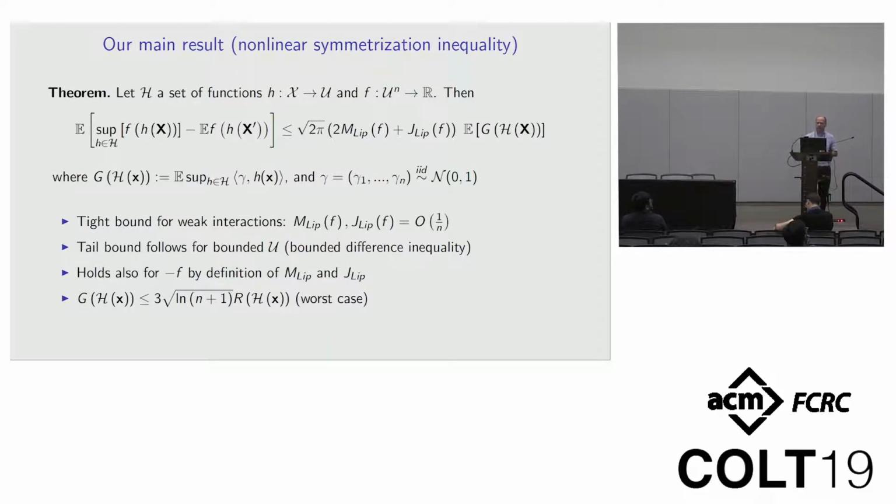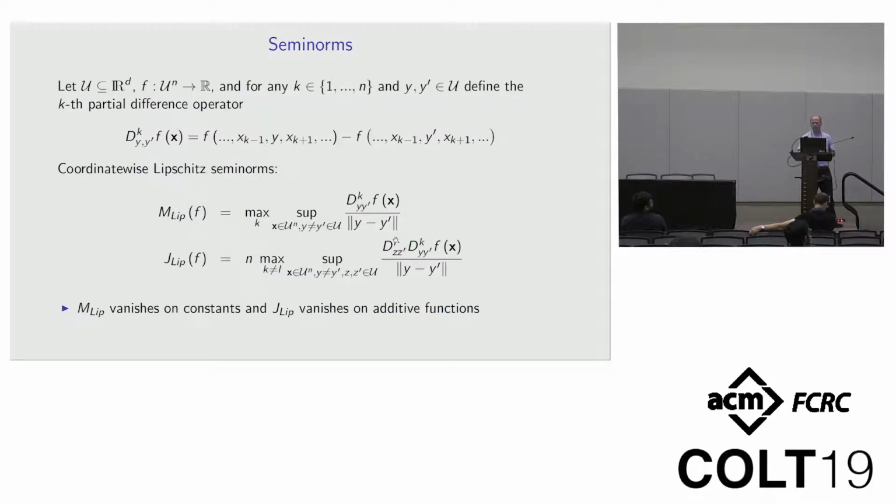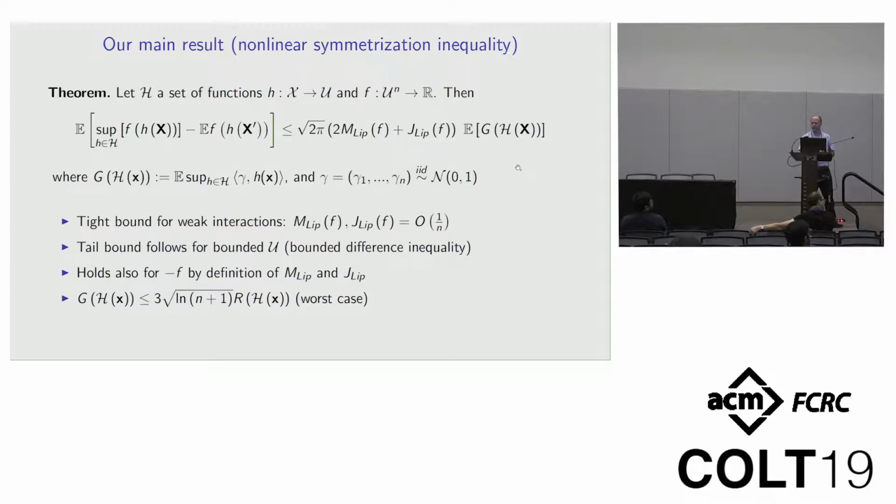And so here is the result. If you compare to this result here, where you have 2 over n times the Rademacher average, our result contains the Gaussian average instead of the Rademacher average, and it contains these two semi-norms here. Now, whenever the semi-norms are of order 1 over n, the bound is tight.